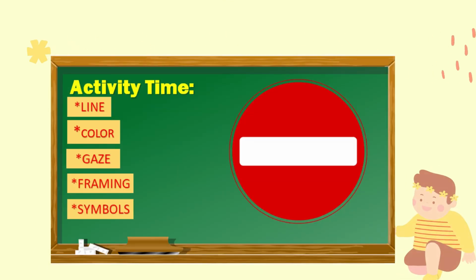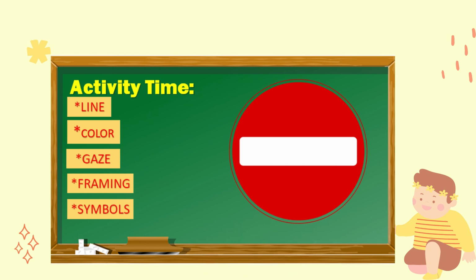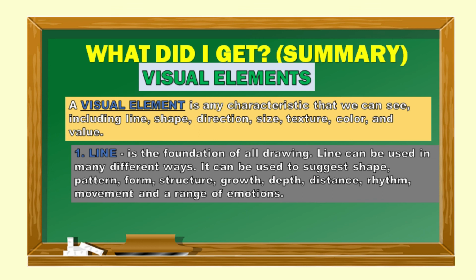And last, yes, this is a symbol, and this image means do not enter. Right. So those are the visual elements. Alright. So now let's go to the summary of our lesson.